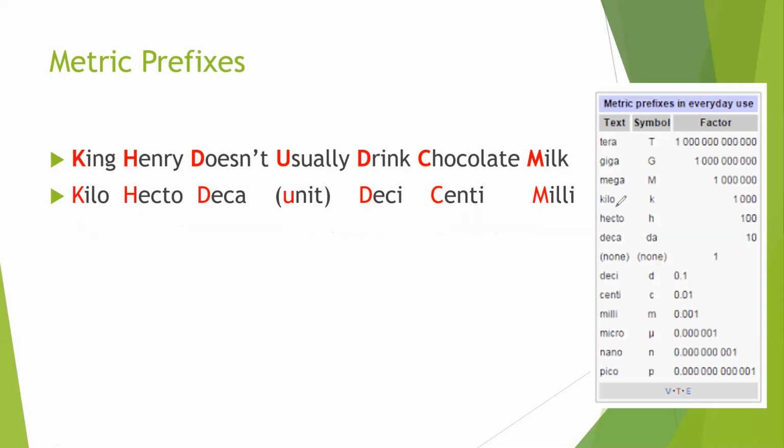So that's how I remember how to convert the units. 1 kilogram is like 1,000 grams. Hecta is like 100. Deca's 10. Unit's 1. Deci's 0.1. Centi's 0.01. And milli's 0.001.